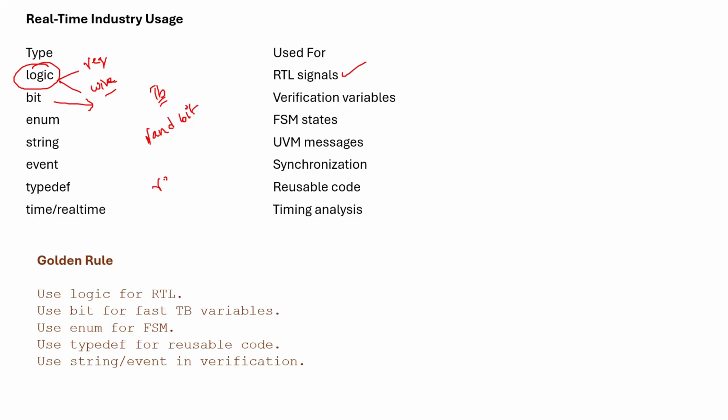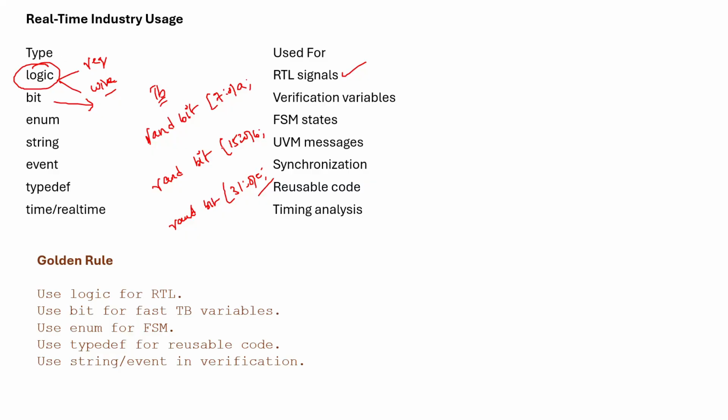A rand bit can be a vector represented as 7 down to 0 a, or 15 down to 0 b, or 31 down to 0 c. It is utilized this way because it will store either 0 or 1. There are no other values for this. That's why bit is used for verification variables.